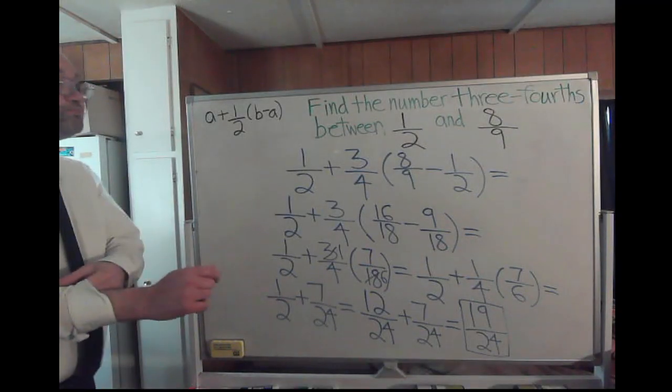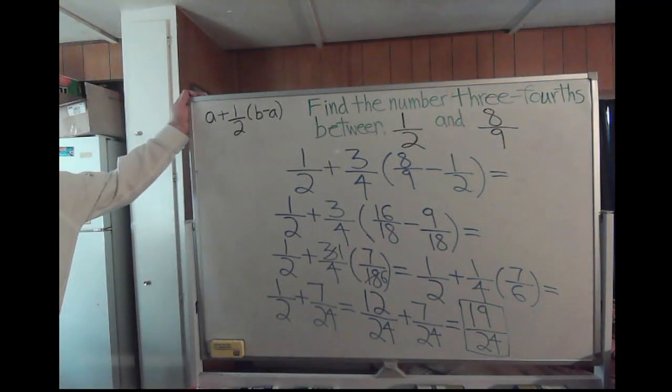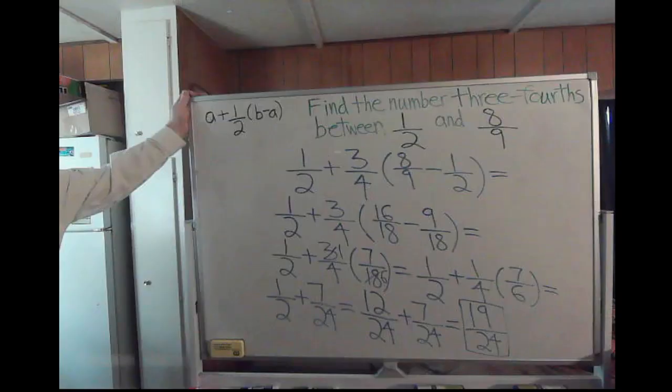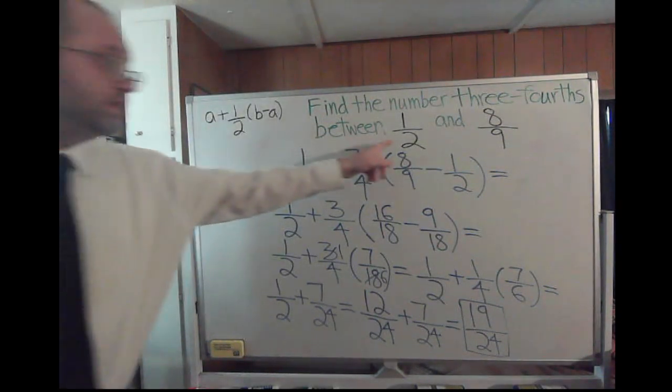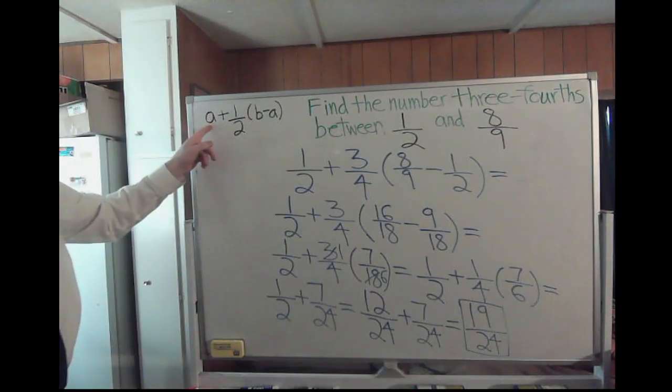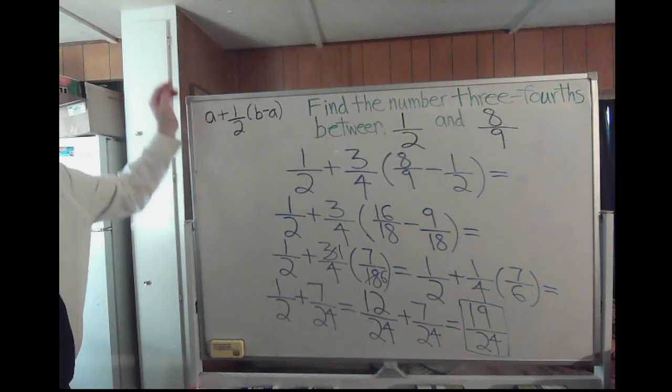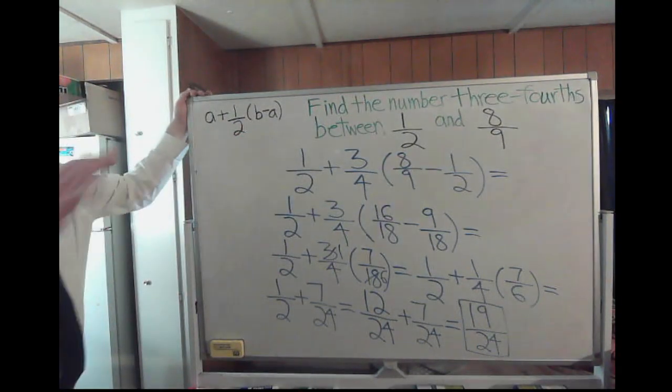So basically what you're going to do, if you're asked to find a number halfway between two numbers, or 1/3 of the way between two numbers, 3/4 of the way, what have you, you're always going to start with your first number that you're given, which is your A in the formula, plus your fraction. It won't always be 1/2.